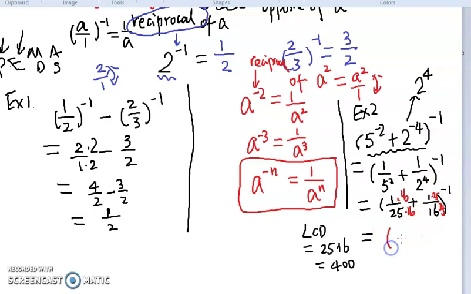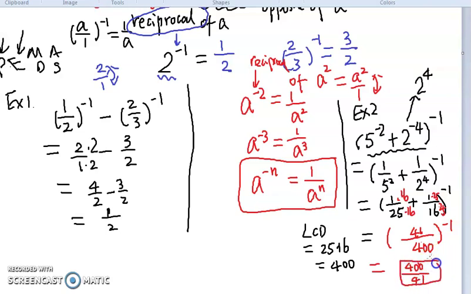So we're going to end up with 400 on the bottom, the common denominator, and 16 plus 25, that is 41, and then raised to negative 1. Now we're going to use the definition of negative exponent. It means reciprocal. So pretty much it's like taking 1 copy of 41 over 400 and then flipping. Again, negative means reciprocal. So we end up with 400 over 41.